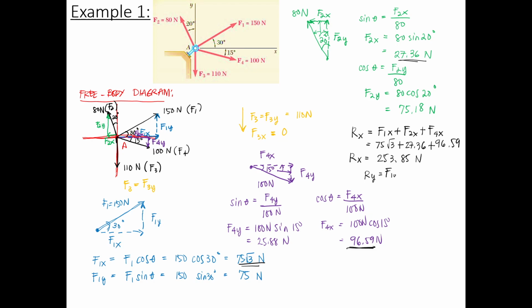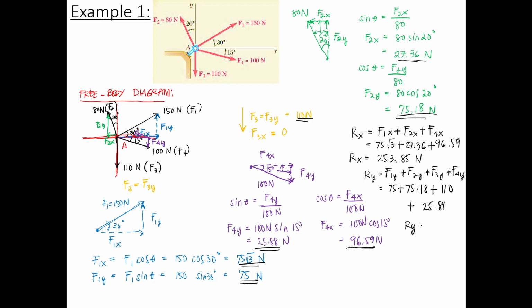So for the vertical components, that's R sub y. So F sub 1y plus F sub 2y plus F sub 3y plus F sub 4y. So that will be 75 plus 75.18 plus F3, that's 110, then F4y, which is 25.88.